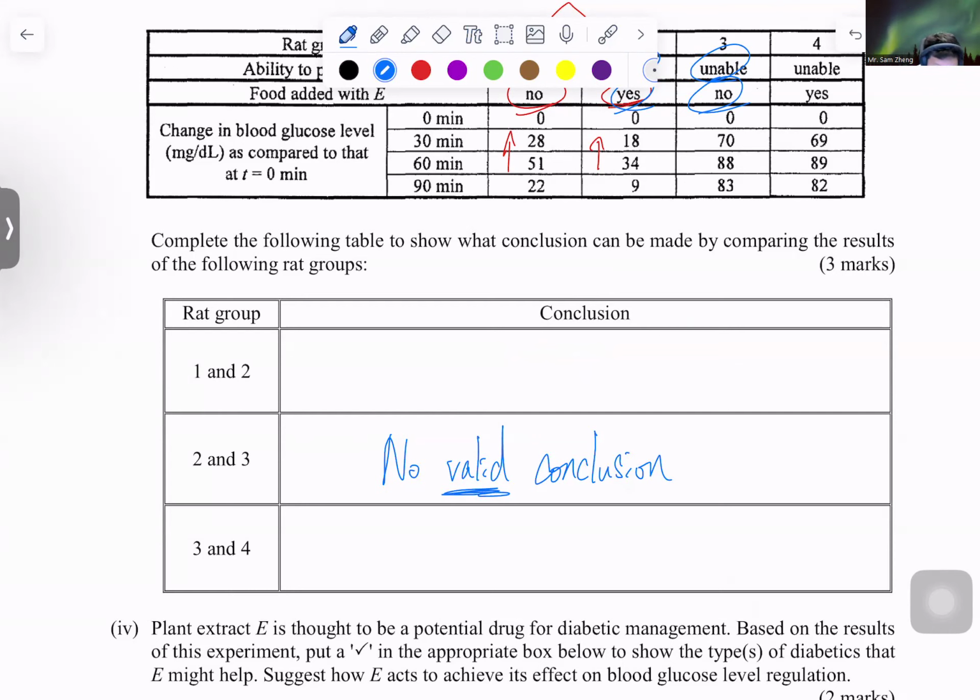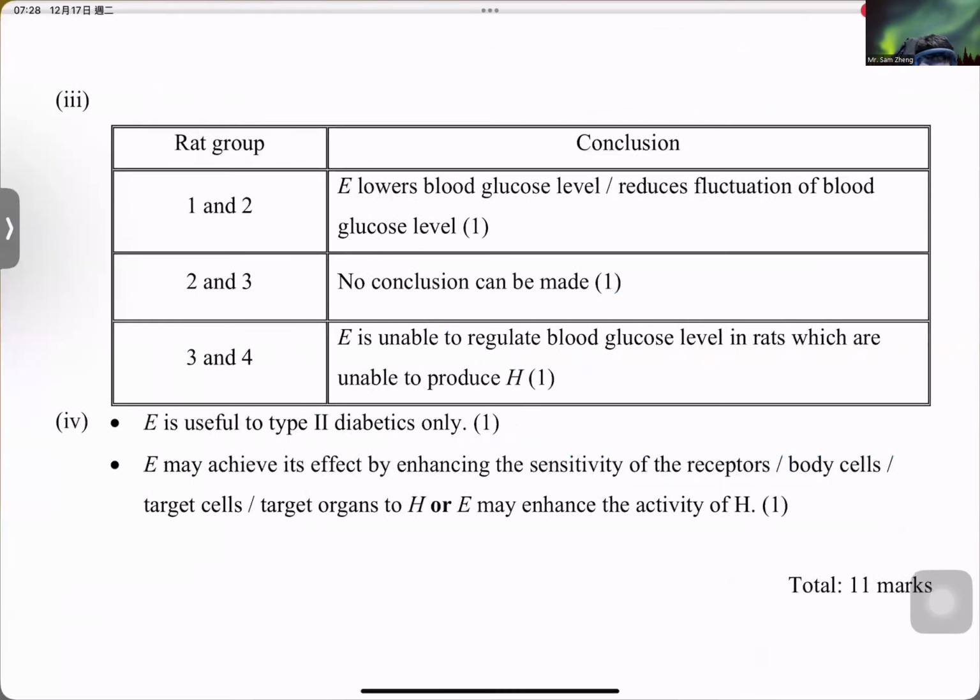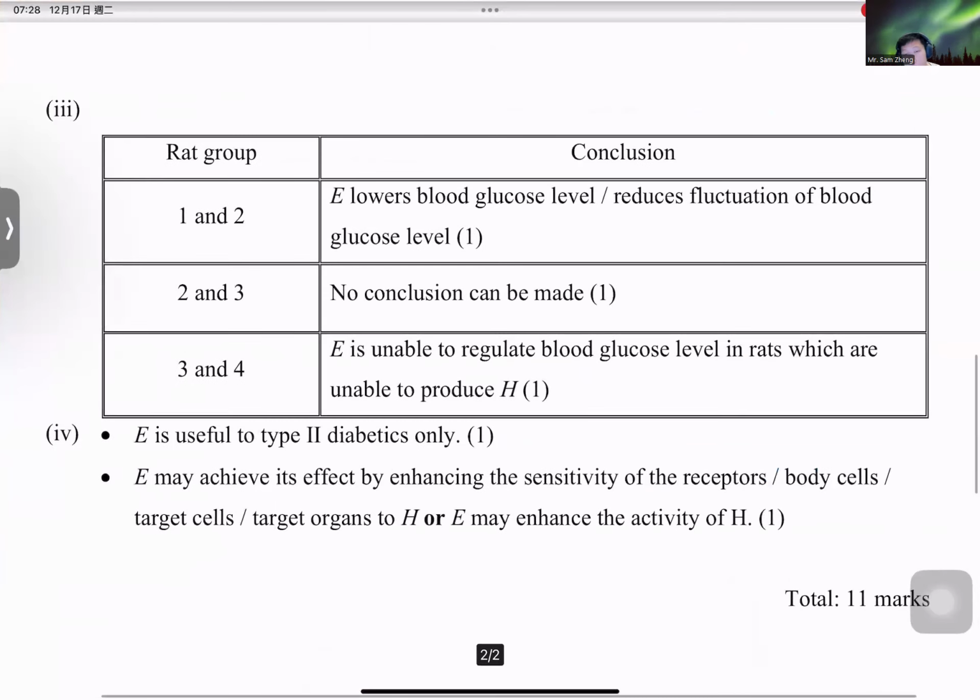Okay. Next, we move on to group 3 and 4. This time, both of them are unable to regulate or produce the blood insulin.